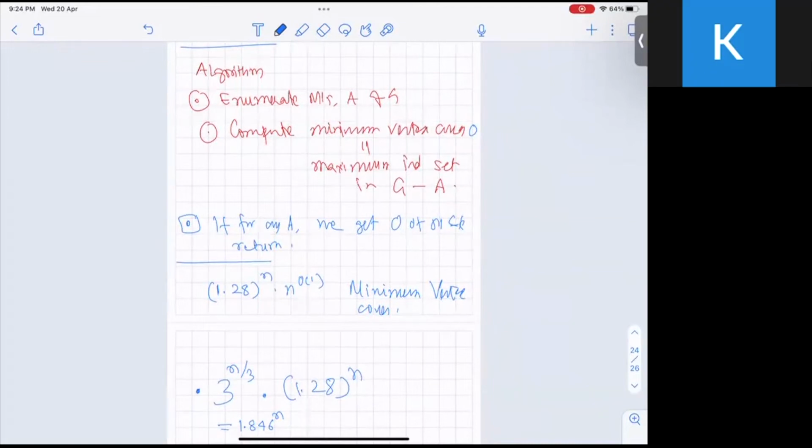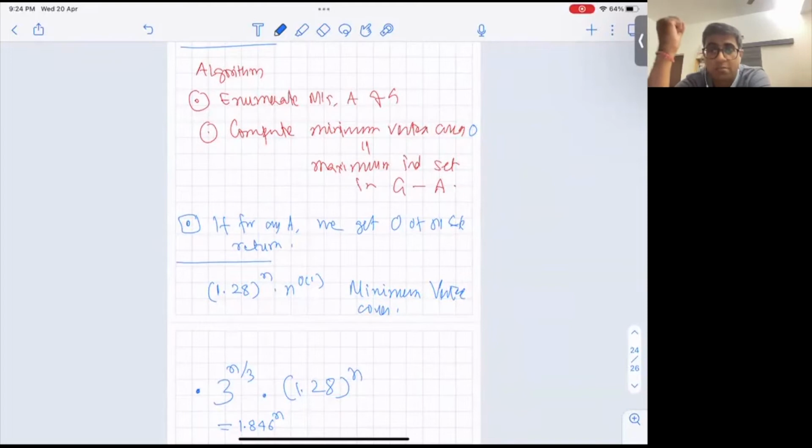This is my algorithm. I enumerate all maximal independent sets A of my graph, and I delete that A. In the remaining graph, I find a minimum vertex cover, or a maximum independent set, and say, look at this guy. This is your independent set, and this guy is going to act as your odd cycle transversal. Why? Because I already have an independent set. So what is a bipartite graph?